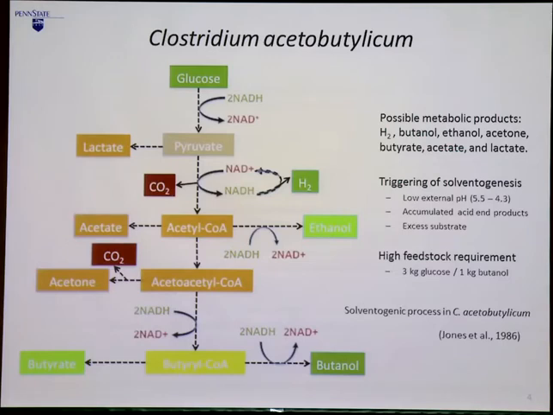When acids accumulate as end products and the pH drops lower than 5.5, it switches to the solventogenic process for the production of alcohols such as ethanol and butanol. The production of the alcohols, ethanol and butanol, requires more electrons than the acids. The production of butanol from glucose usually has a high feedstock requirement.